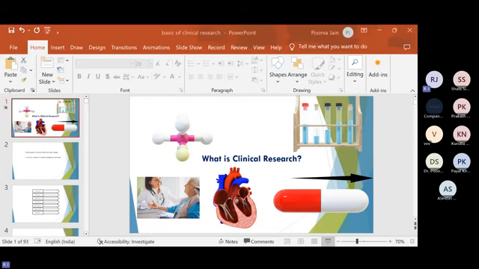So again, the discovery stage of development can be divided into three parts: target discovery, target validation, lead generation and refinement.